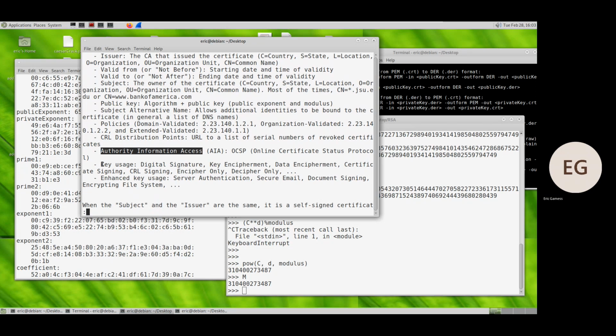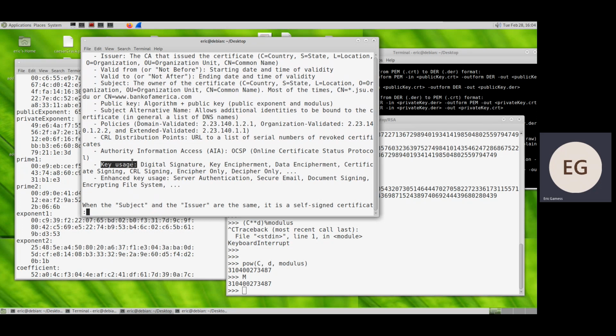Then we have a field that is called key usage. What can you use this digital certificate for? Possible values are digital signature, for example, key encipherment, data encipherment, certificate signing, and CRL signing.